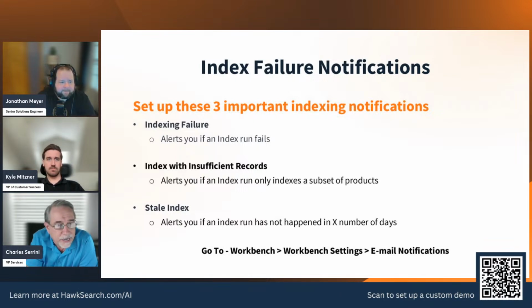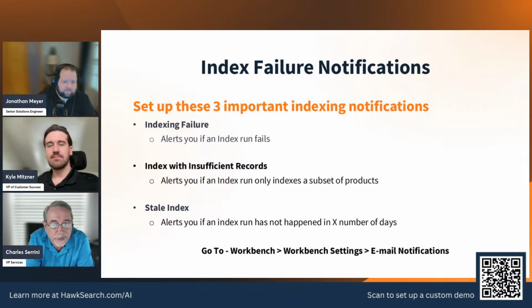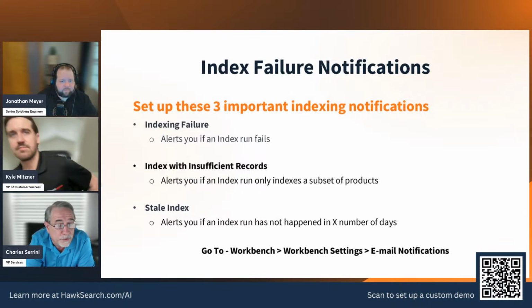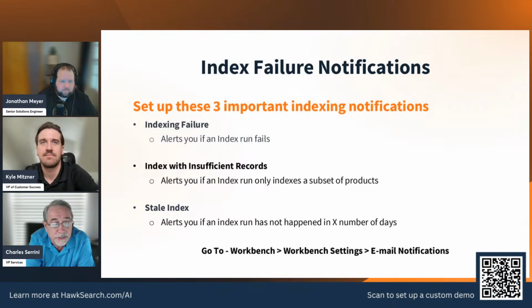Yeah, absolutely. These are basically the three most important notifications that you should set up in the workbench, and they're pretty easy to set up. There are instructions down there. Just go to the workbench settings, email notifications. The top three: indexing failures. This basically just alerts you if your indexing run has failed. It could be a number of different reasons, but the key is that you get a notification letting you know that it's actually failed.